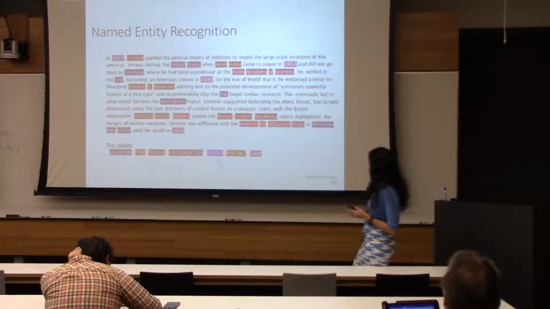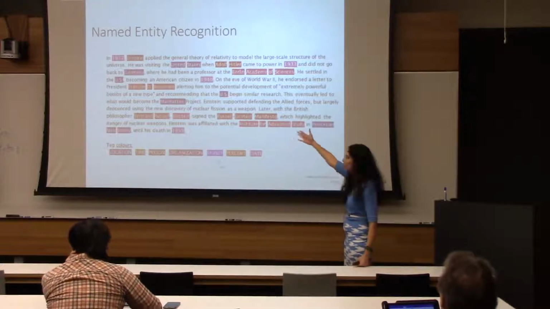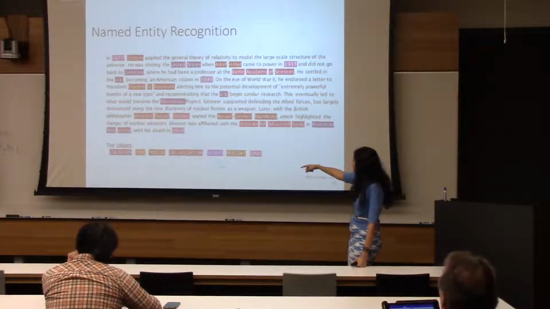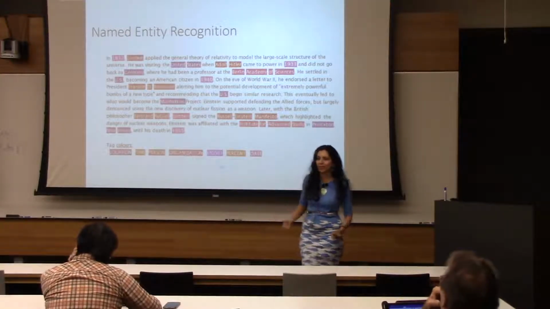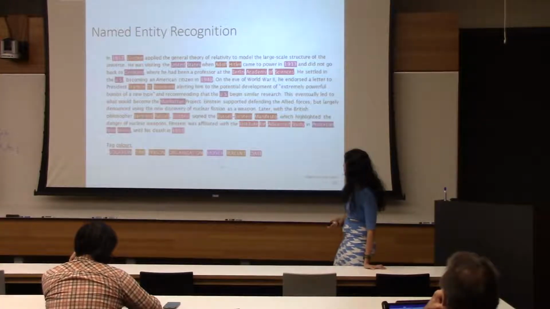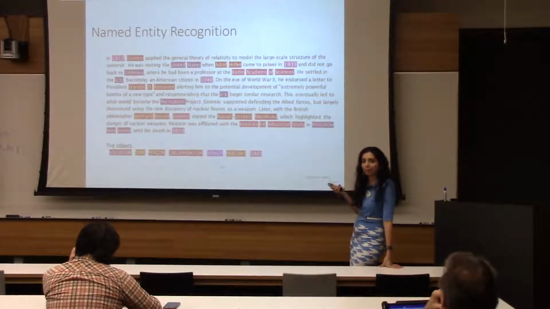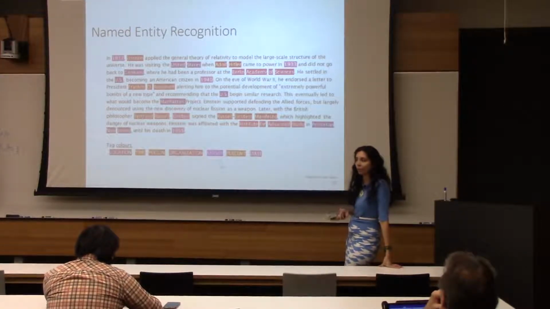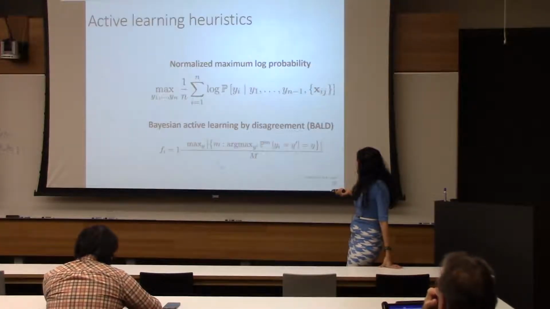This task makes a lot of sense, but it is also really expensive annotation. If a human has to read through this entire block of text and correctly figure out so many different categories, it is time consuming. So one question we asked was, can you reduce the number of labeled samples required and still get a good NER model? That's the reference for details.